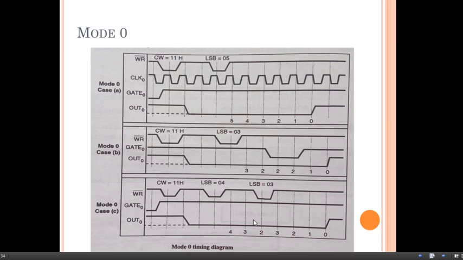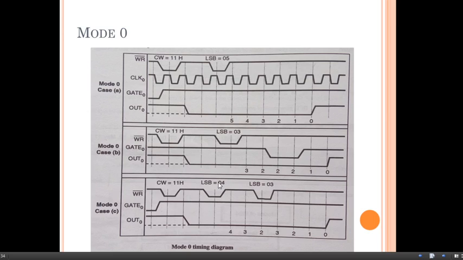In the third case what we can observe is that first our counter is initialized by giving this control word register. The count value is given, and after a few clock cycles the next counter value is provided. In this case the gate is considered always high, enabled.